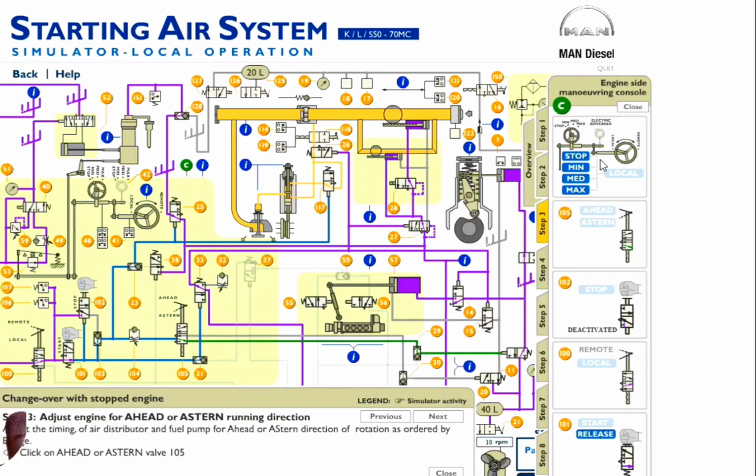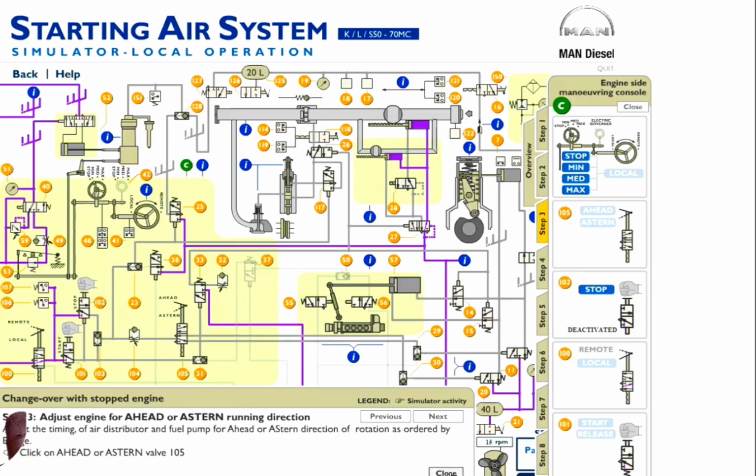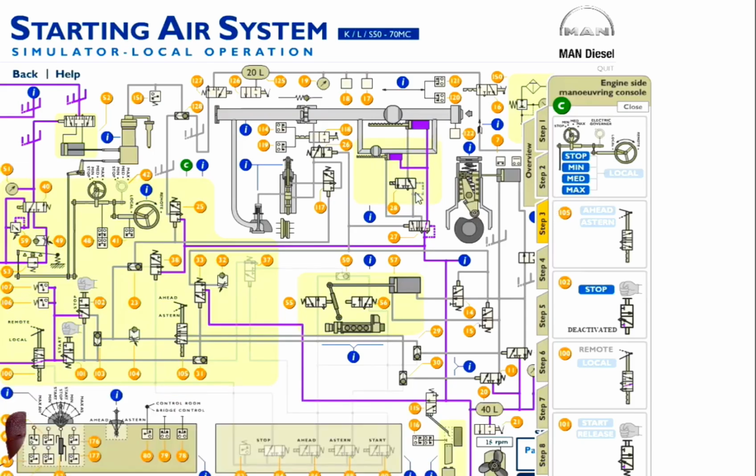Okay, we have 10 RPMs, and we need to release the start because our engine is running now. As you can see, we have also injection here. We can increase to medium.